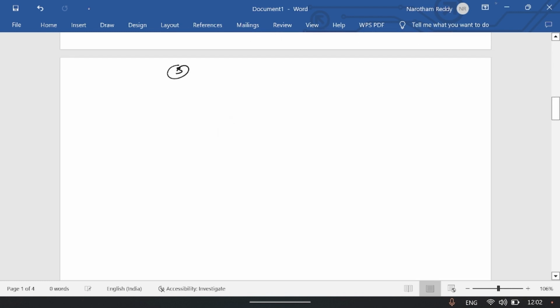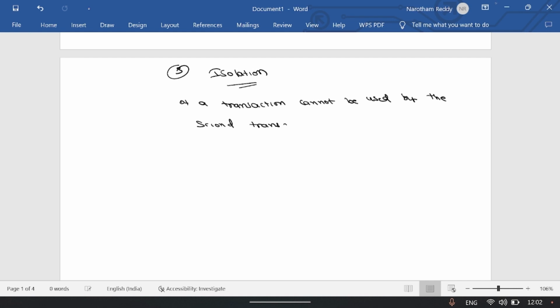Now the third one, isolation. It states that the data which is used at the time of execution of a transaction cannot be used by a second transaction until the first one is complete. Now the fourth one, durability.